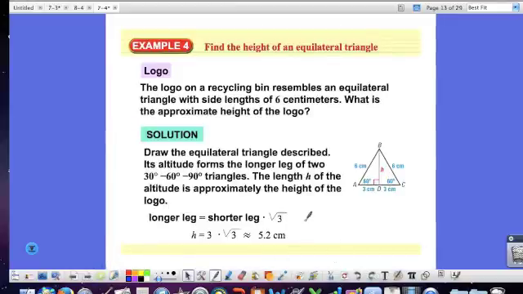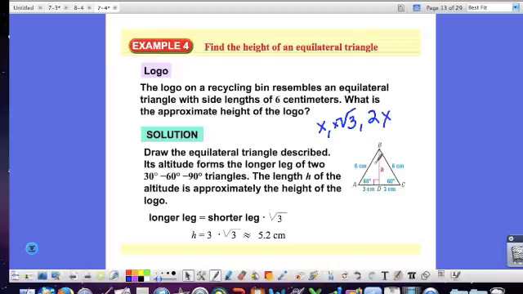And now we're actually going to use this. The logo on a recycling bin represents an equilateral triangle. When you cut an equilateral triangle down the middle here, you get two 30, 60, 90 degree triangles. The length h of the altitude is approximately the height of the logo, which means if the side opposite the 30-degree angle is 3, remember this is x, x radical 3, and 2x.